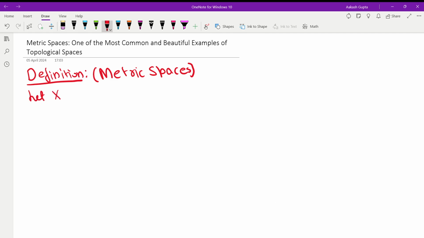So let X be a set, and d is a function from X cross X to R, where R means real numbers, such that number one, I am demanding that d should satisfy some things.